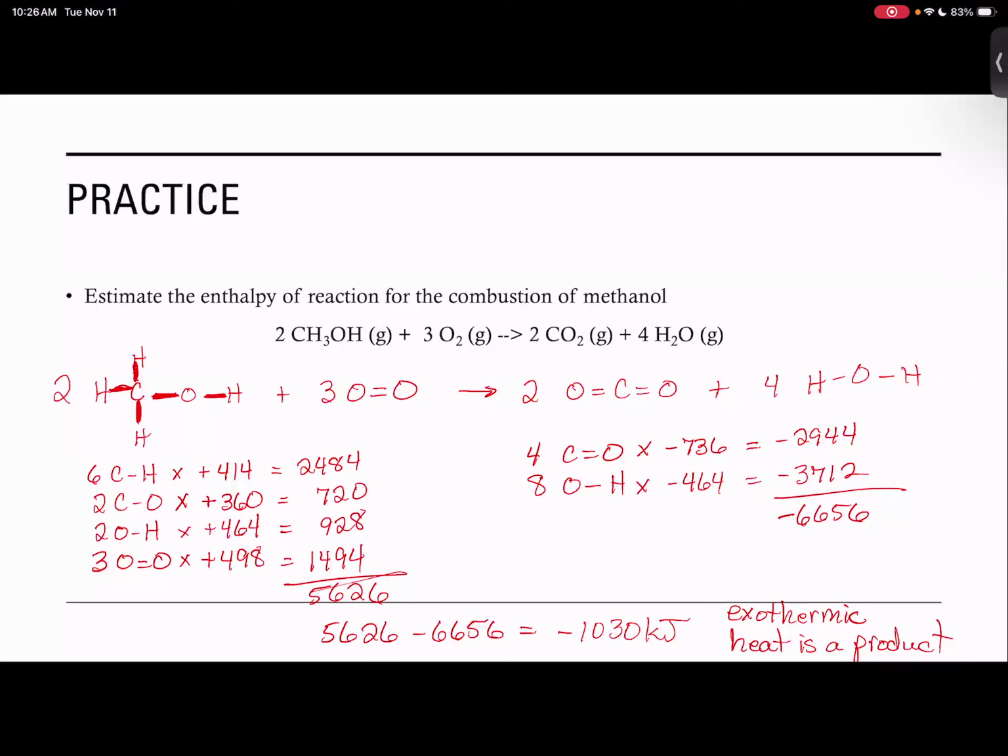But if you're not careful, you'll miss a bond. If you're not careful, you'll forget to multiply by a coefficient. So you do have to be conscientious while you're doing this process, and that's why I say this is a great time for highlighters. That way you can highlight every bond you do, and when you've multiplied it by 2, you can highlight that, so that you can make sure that you don't have an error.